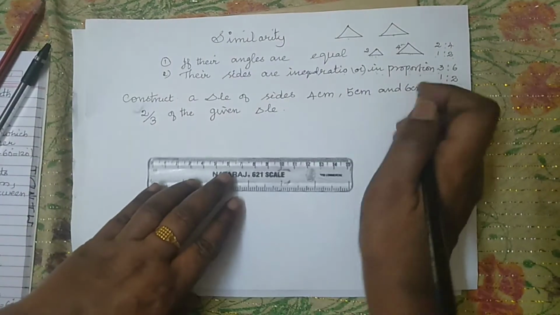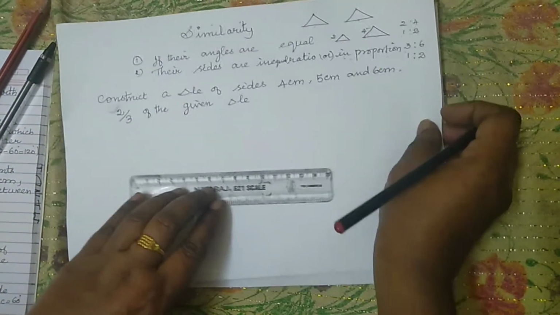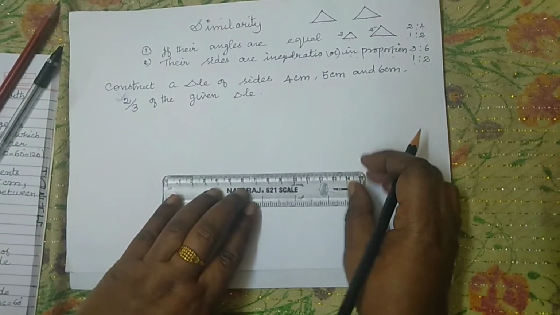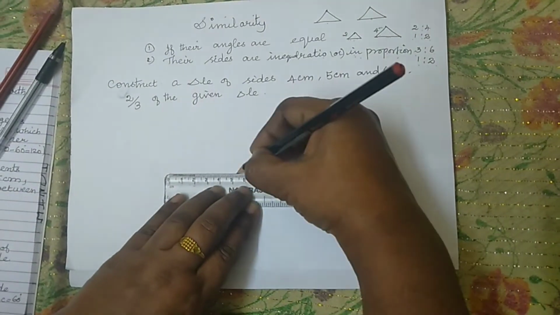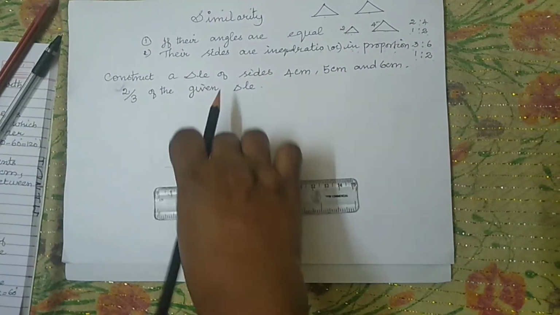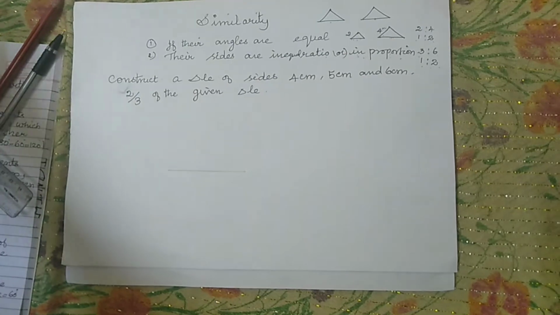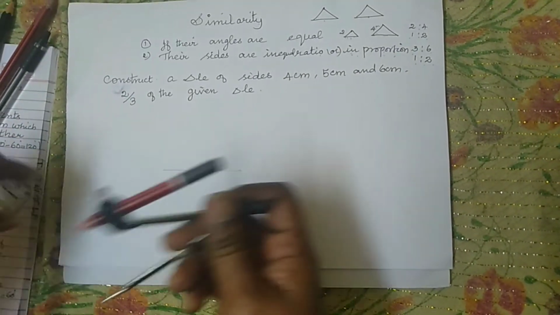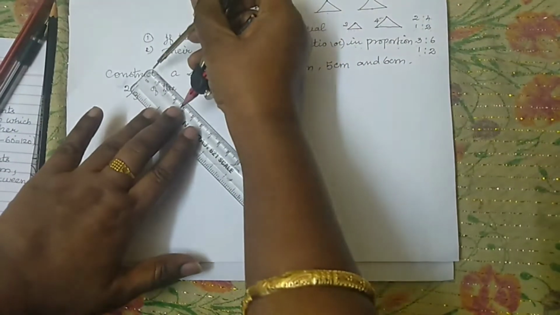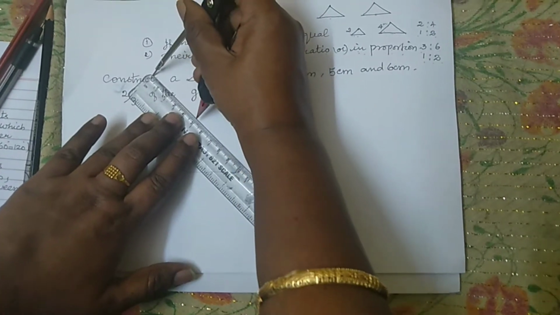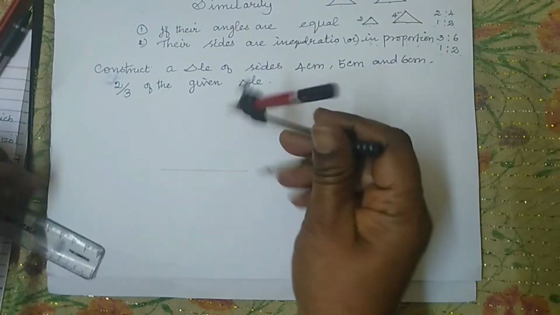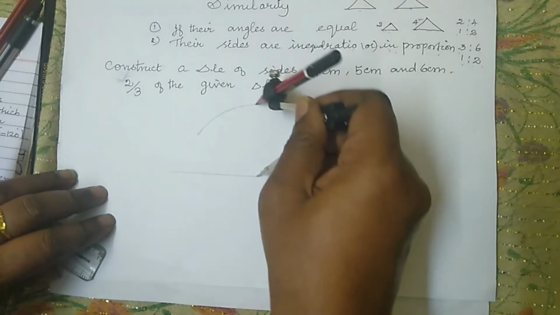First, the longest side is 6 centimeter. So I draw the line for 6 centimeters. The other side is 5 centimeter. Now take your compass. See, I measure 5 centimeters. Cut one arc.